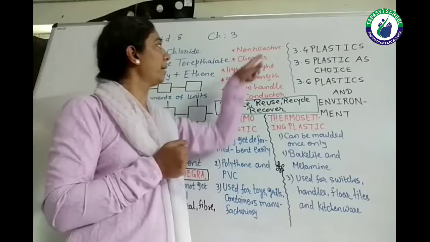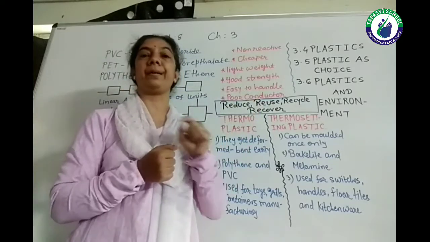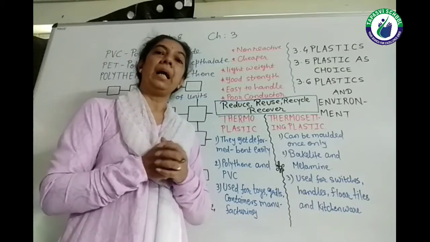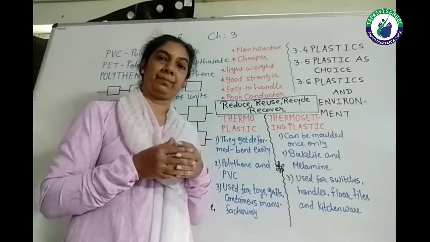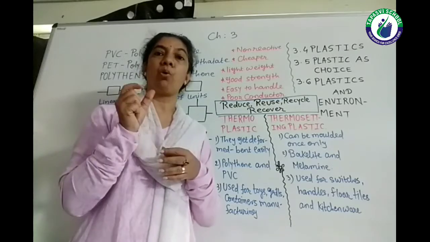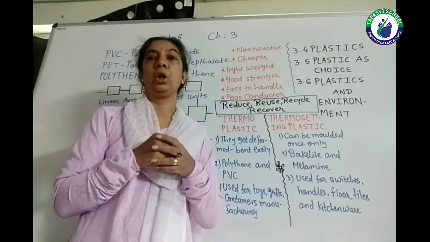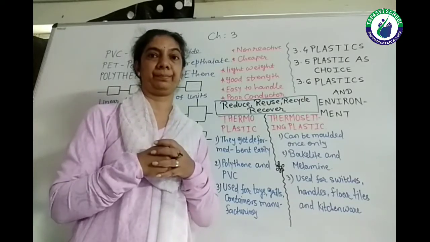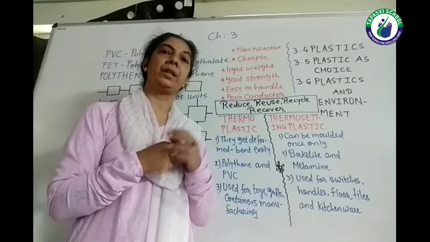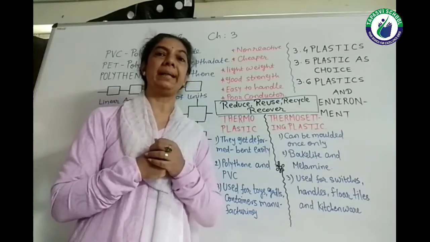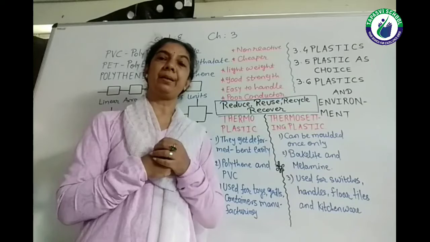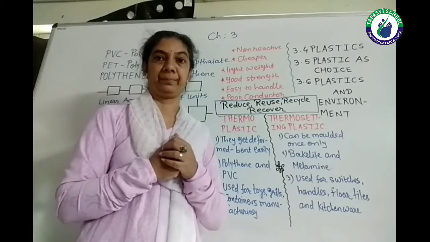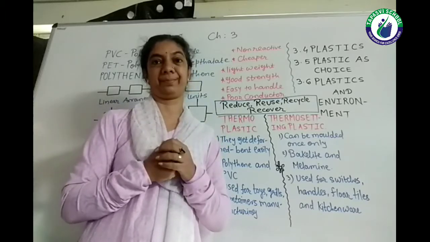The first characteristic, it should be non-reactive. What does it mean? Regarding iron or any other metal, we are knowing the word corrosion. Corrosion means eating up of the metal. When any metal, especially if we are talking about iron, is exposed to air for longer time, it's a very slow process.